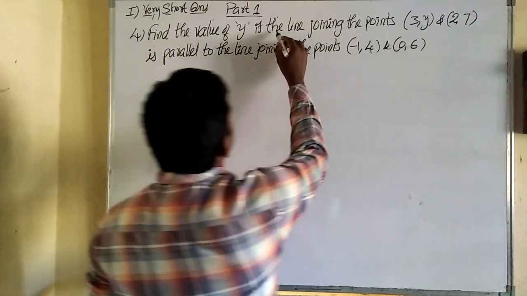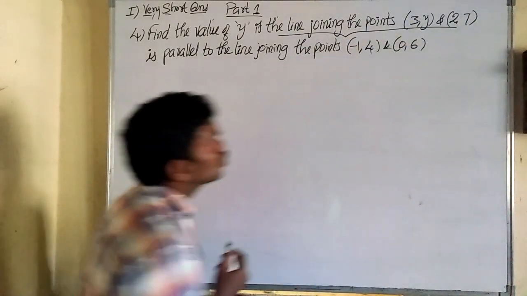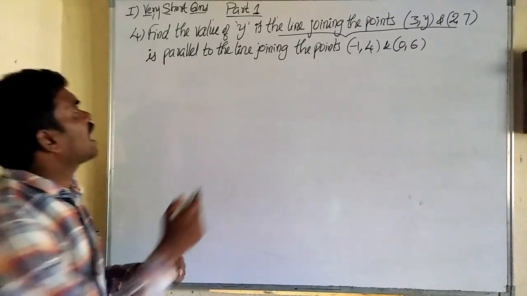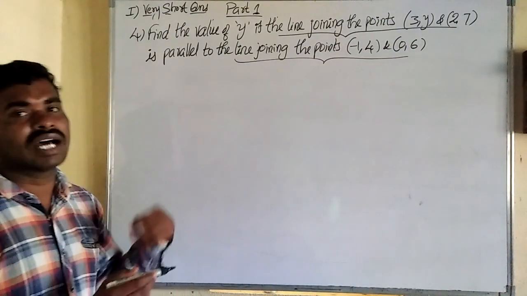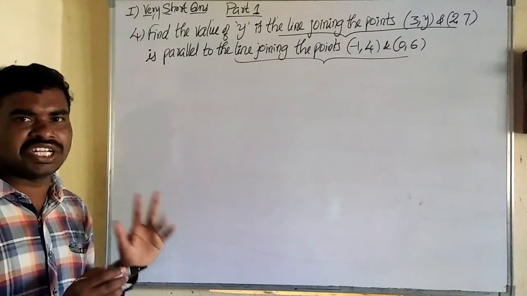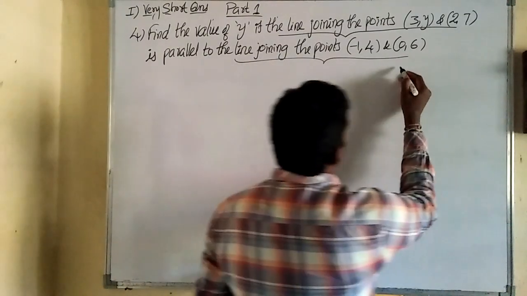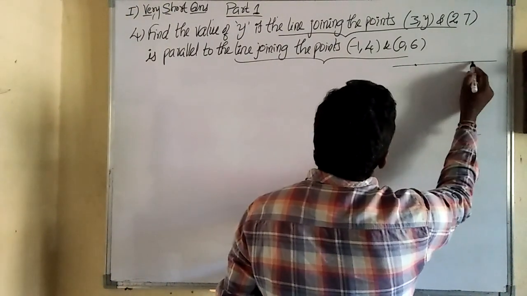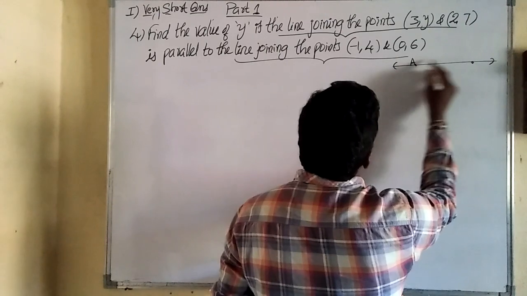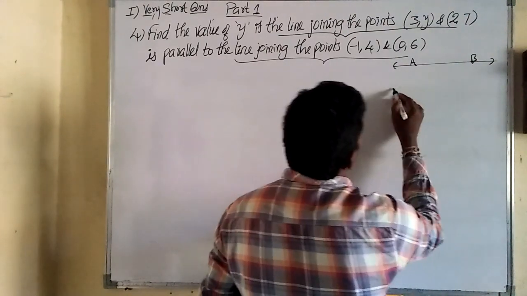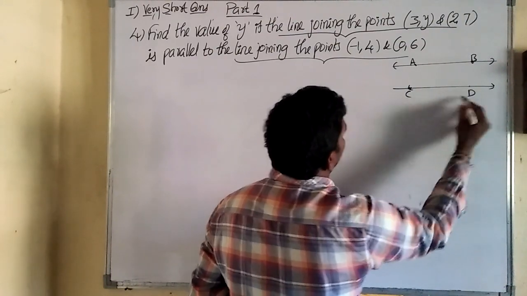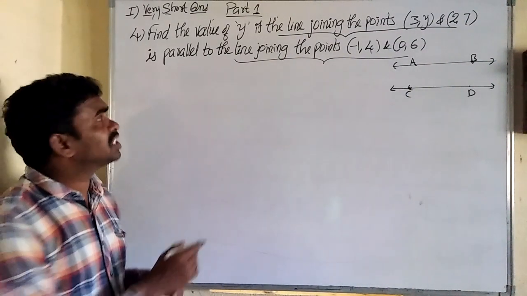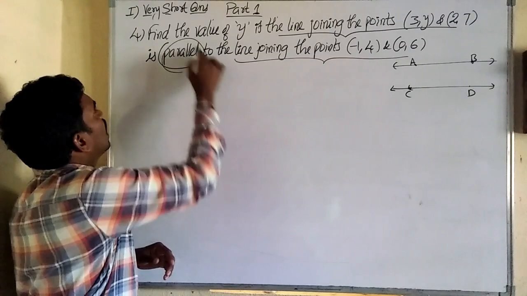The line joining the points 3, y and 2, 7 is one line, and the line joining the points minus 1, 4 and 0, 6 is the other line. So two lines are mentioned. For example, the first line I am taking as AB, and the second line as CD. And he mentioned that both are parallel.